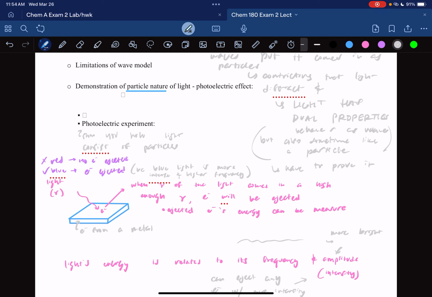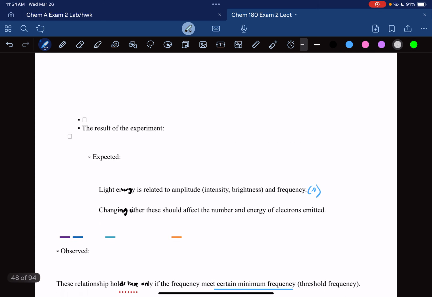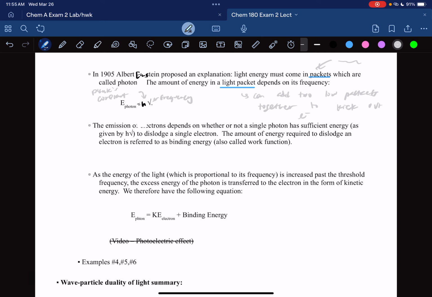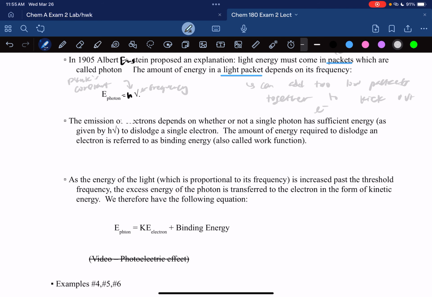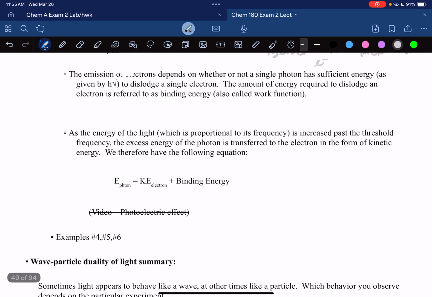So, that excess energy turns into kinetic energy of the electron. The photon's energy is going to equal first overcoming the binding energy, because the electron is held by the matter, right? It's called binding energy. You hold on to it. Only light coming in with enough energy could overcome that.